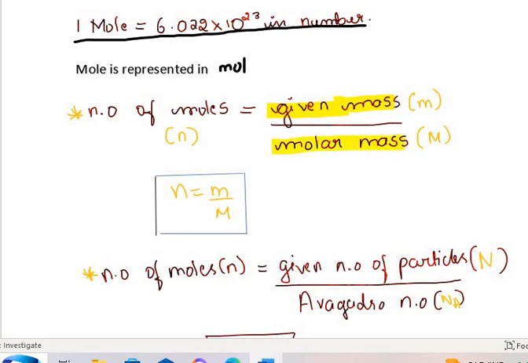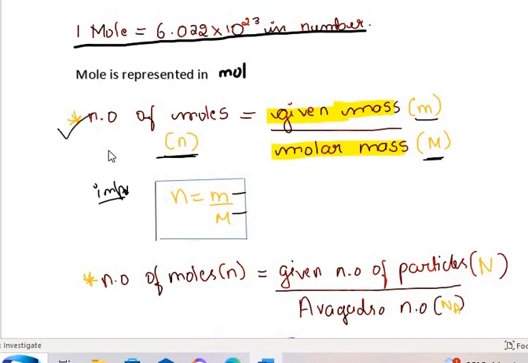The given mass is represented by the small m, the molar mass by the capital M, and the number of moles by n. This formula is very important for problems based on the number of moles. Number of moles is equal to given mass divided by molar mass. I hope this formula is clear.